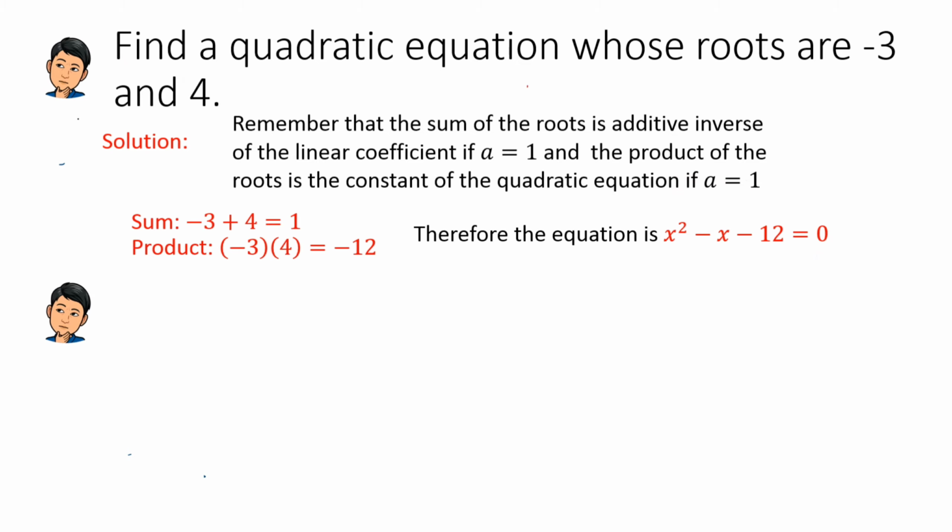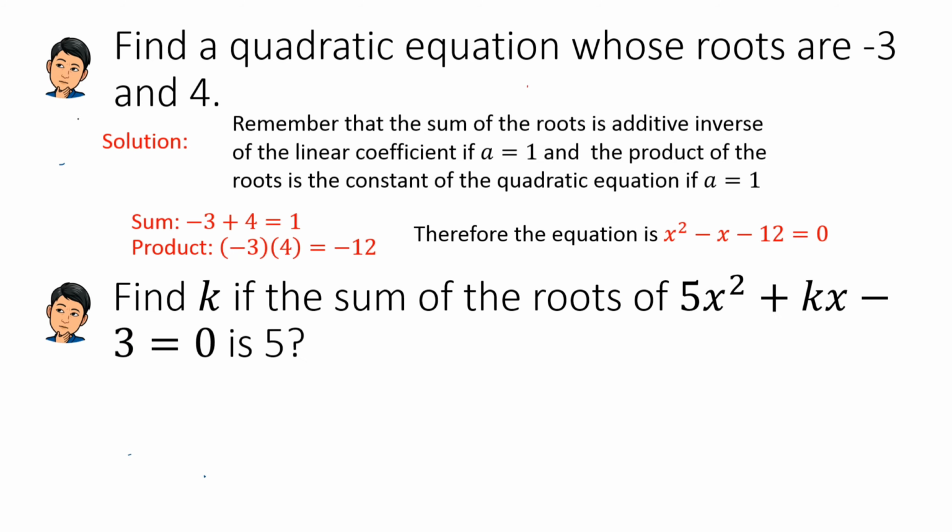Okay? Then second problem. Find k if the sum of the roots of 5x squared plus kx minus 3 equals 0 is 5. So we're going to look for the value of k, wherein if we solve the equation, the sum of the roots is 5.